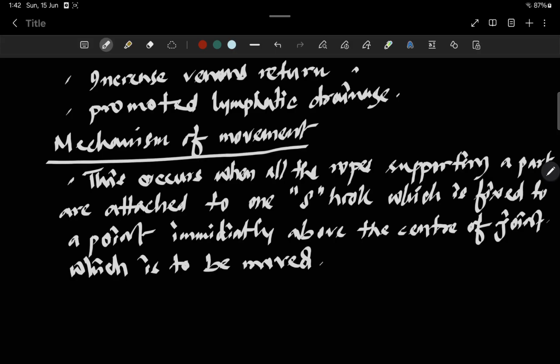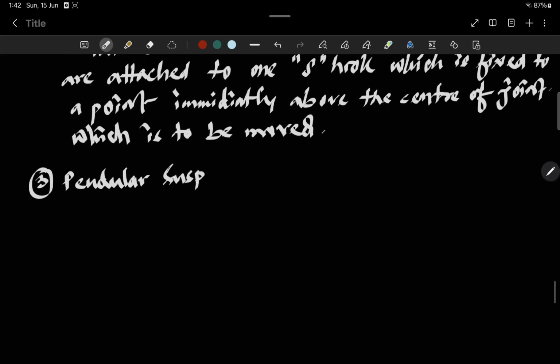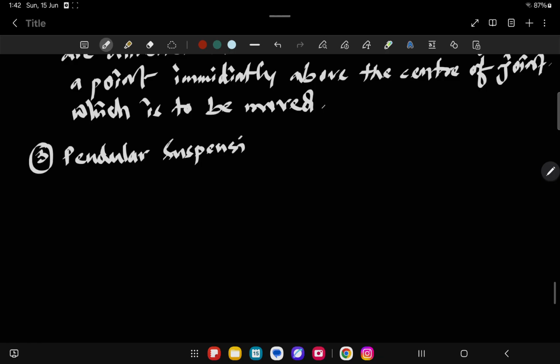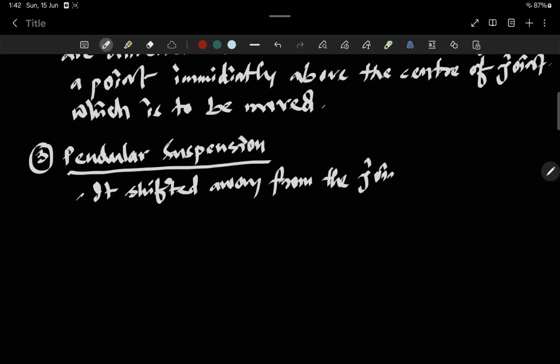Okay. Number 3. Pendular suspension. It is shifted away from the joint axis.